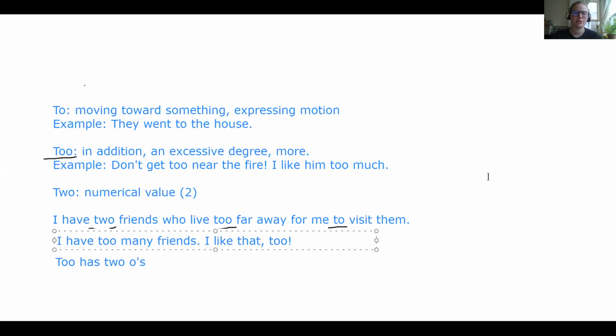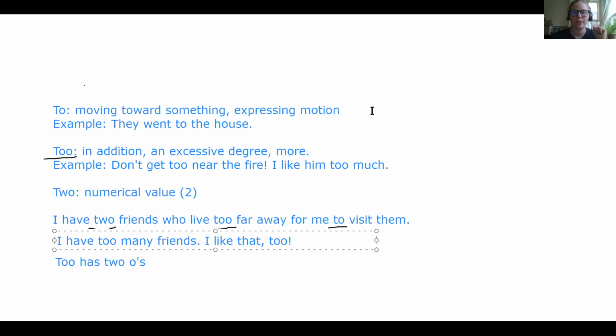All right, so we have this to, too, and two. So hopefully as you move forward, you'll be able to tell a little bit of the difference here. Let's go ahead in the chat or in your free writes, would you send a practice sentence using two of the twos?